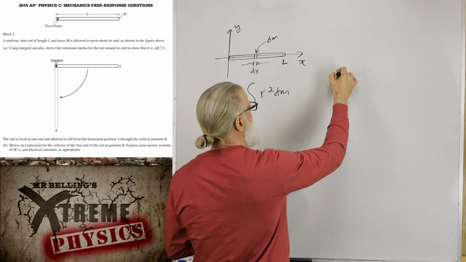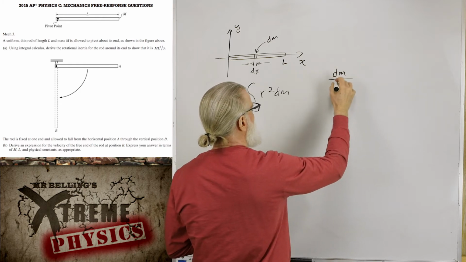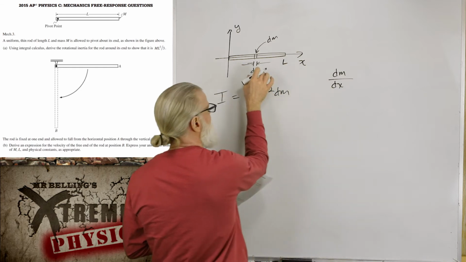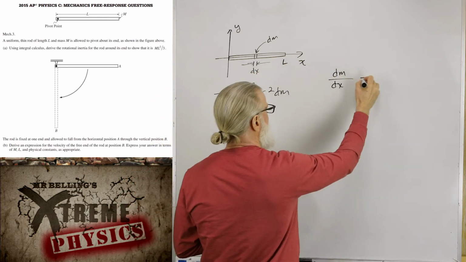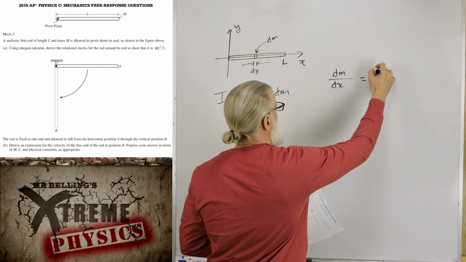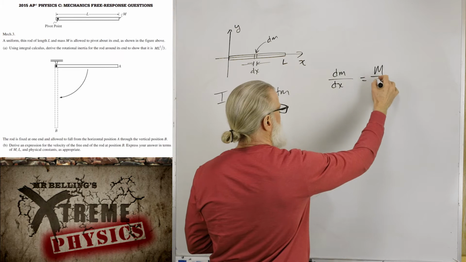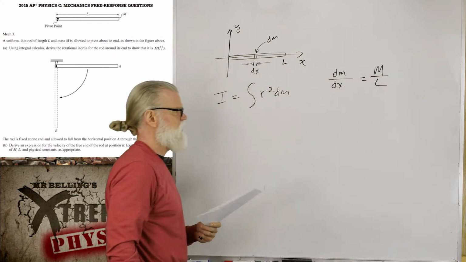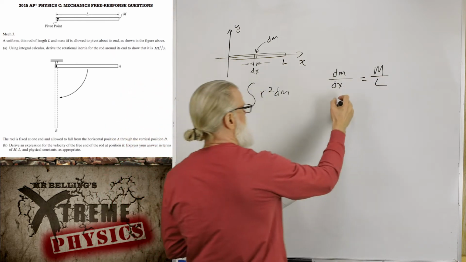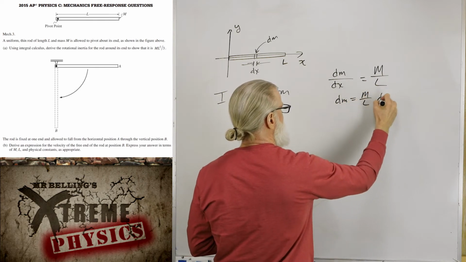The little mass divided by the little length is kilograms per meter, and that would be the total mass M divided by the total length L. So dm equals M over L dx.